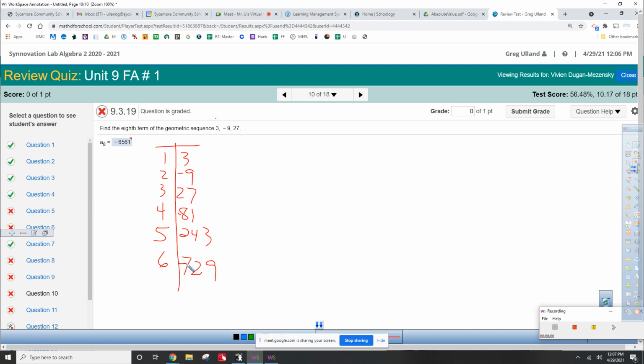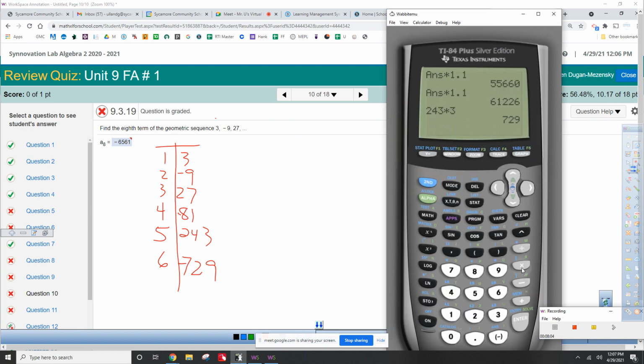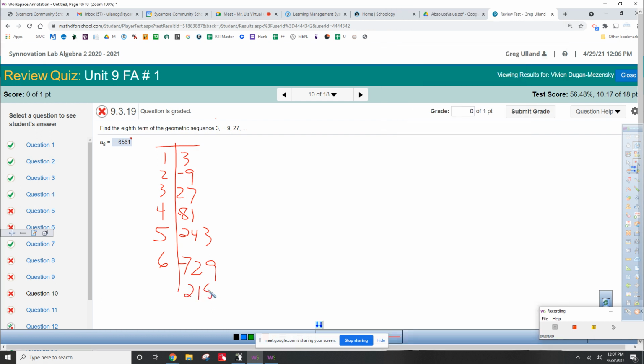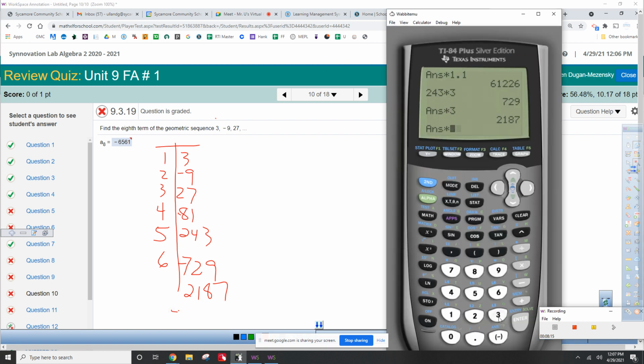What do they want? The 8th term? Times 3. 2187. One more times 3. It's going to be negative 6561. Okay, hopefully that helps.